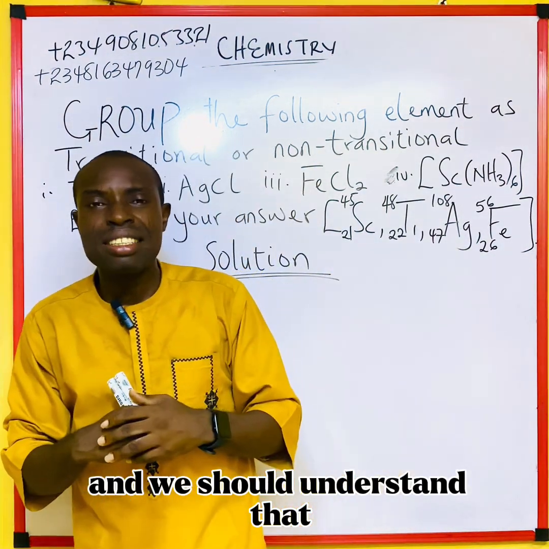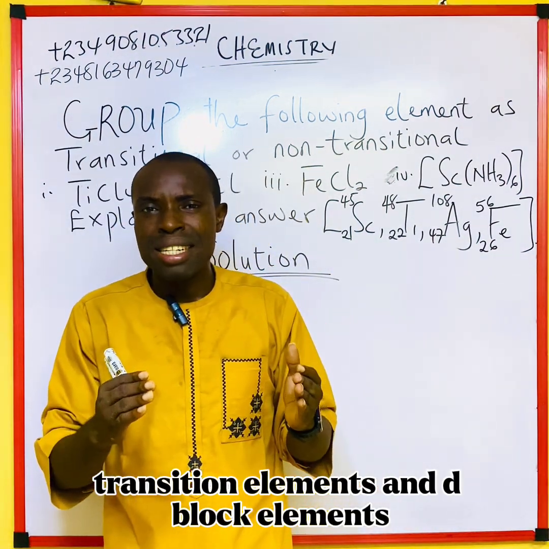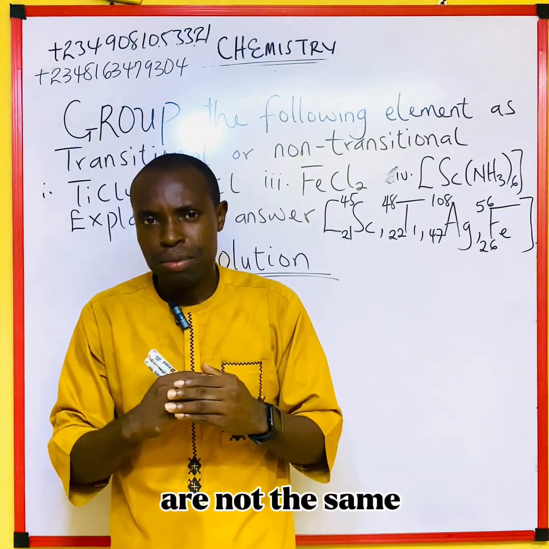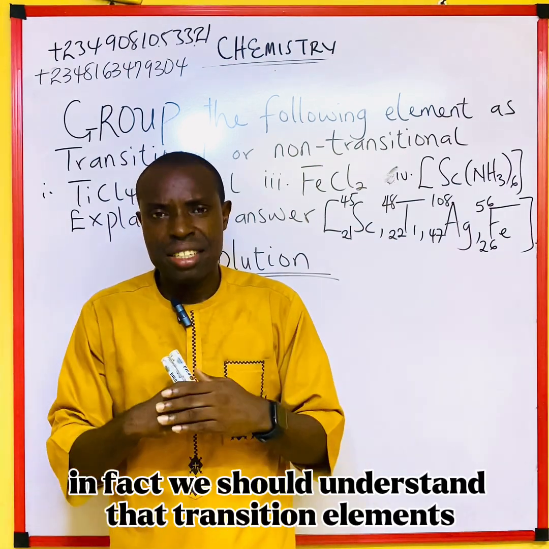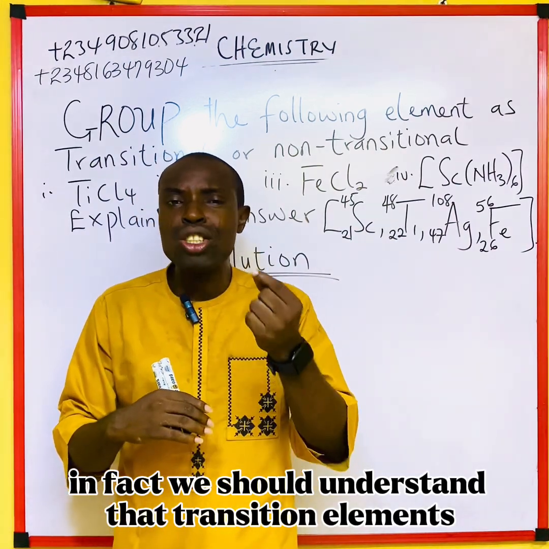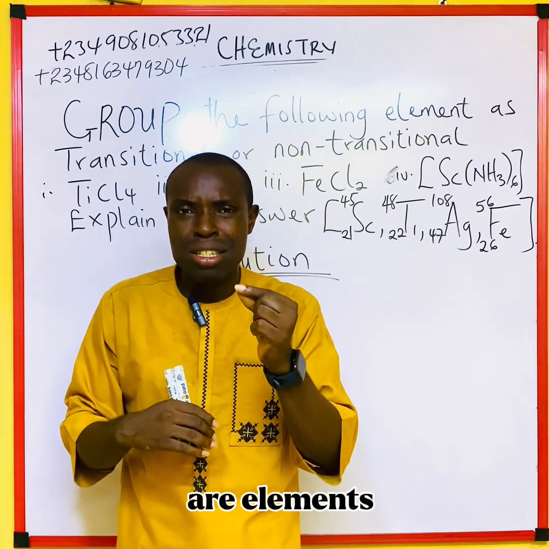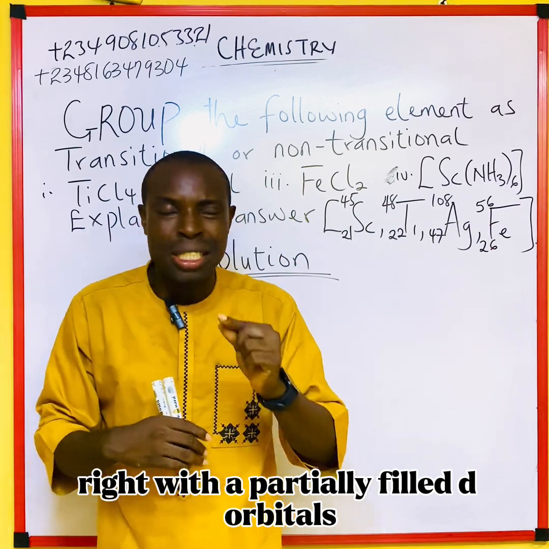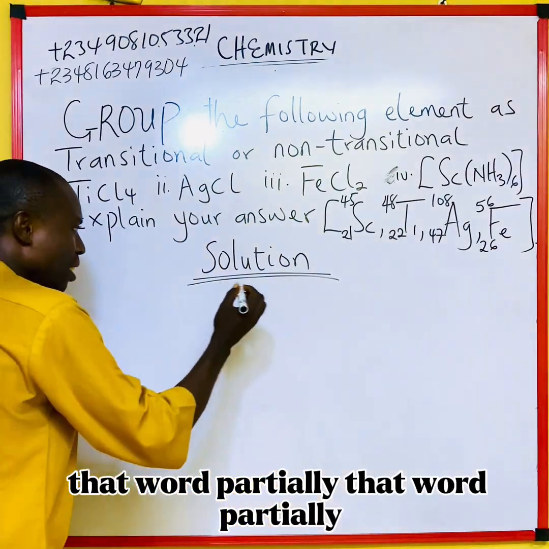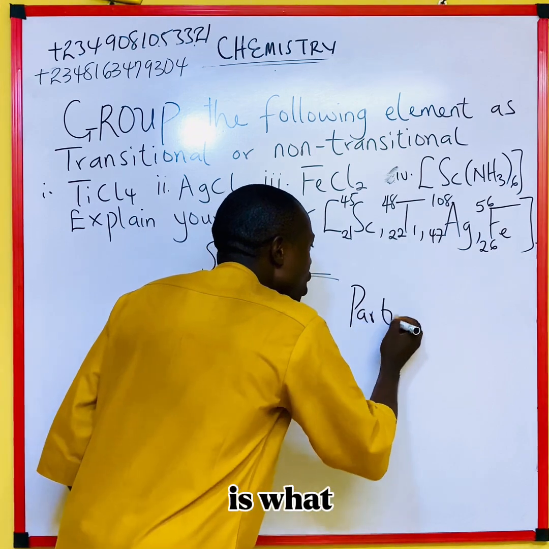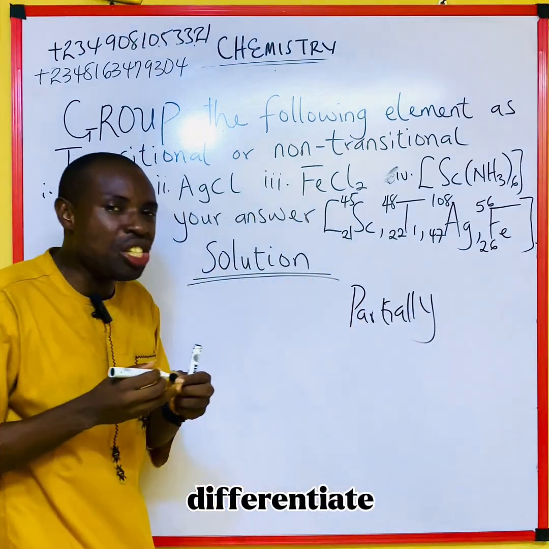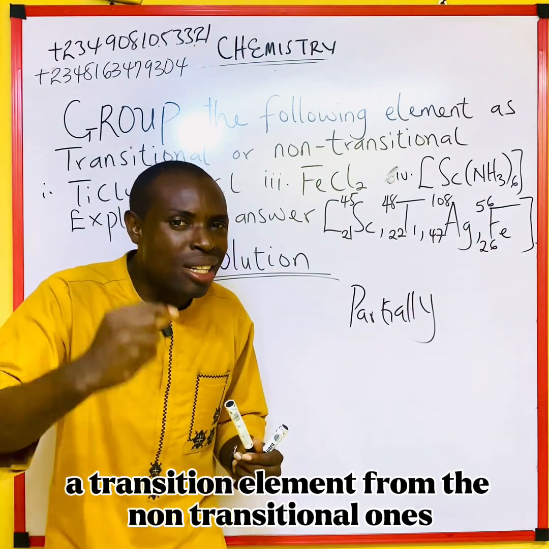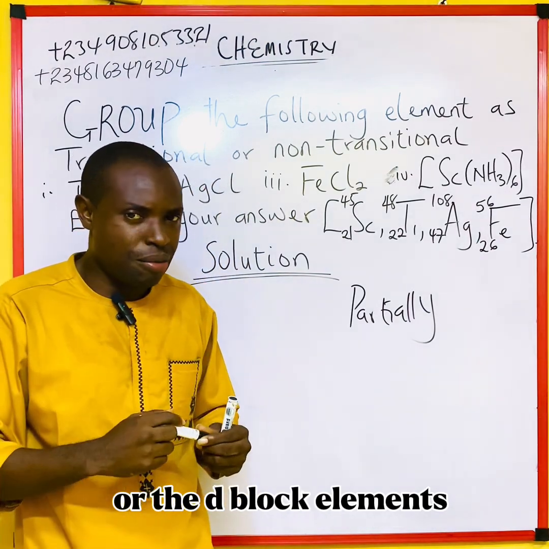Now we should understand that transition elements and D block elements are not the same. In fact, transition elements are elements with a partially filled D orbital. That word partially is what differentiates a transition element from the non-transitional ones or the D block elements.